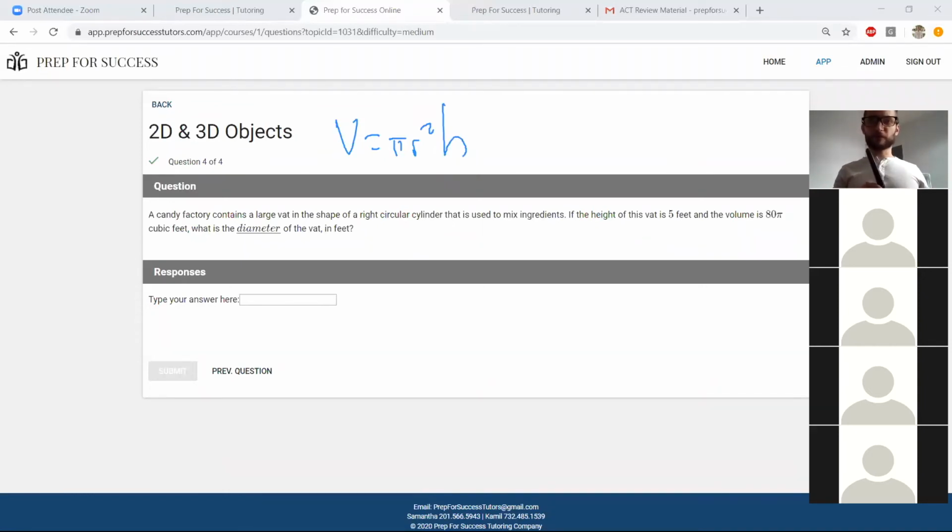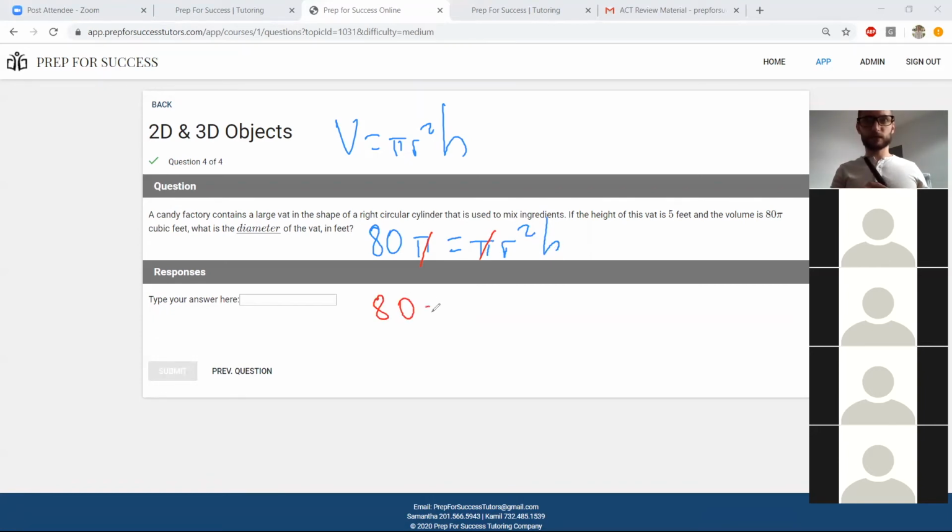So pretty much everyone's correct. A few of you got the wrong answer by making a little mistake. So look, the volume here is 80 pi, and you get pi r squared h. So you get rid of the pi on both sides. And then the h is 5.